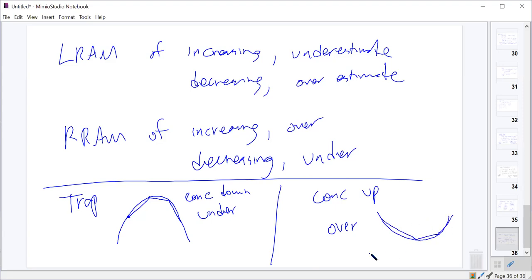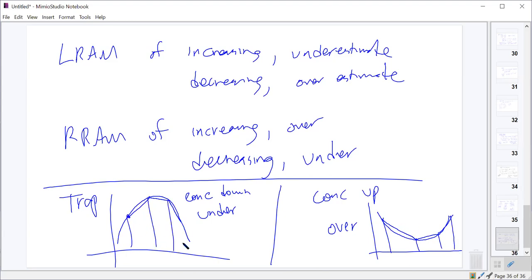Here's our axis. Everybody good with that? These trapezoids will extend down and they'll be over the function, and these trapezoids will extend down and they will be under the function. Everybody good with that? I hope.